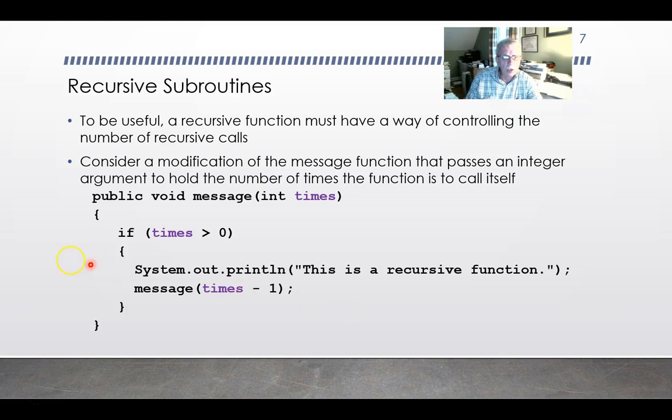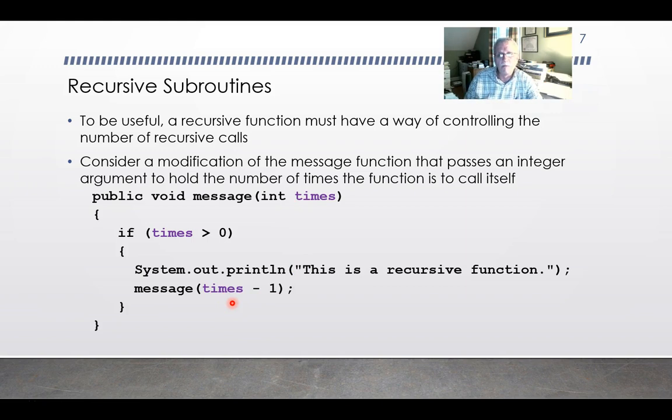So in this variation of the message method, what we're looking at is a variable called times, which is passed as input as an argument. We accept it and say if times is greater than 0, then we will print out the message, and then the recursive call has to pass a value for times, but notice what it's doing is it's passing a slightly smaller value.